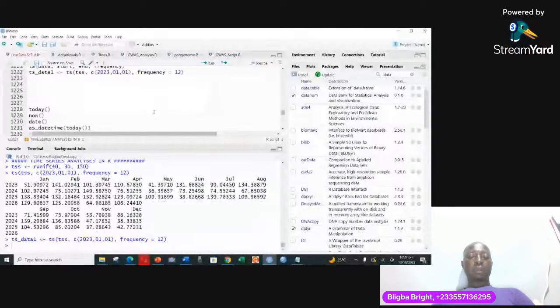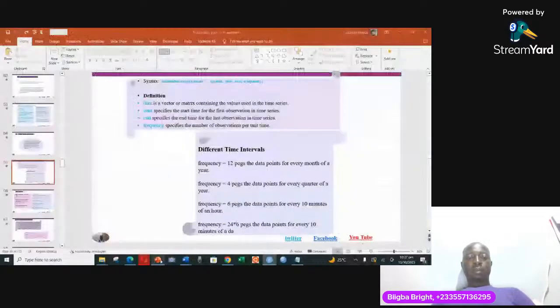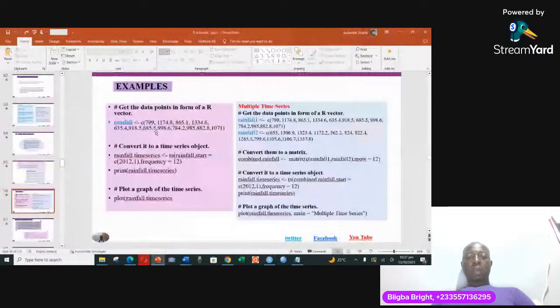So when we finish from that, come to look at it, the next thing that we could have done. So now that we have converted it into a time series data, we can now decide to have a look at it. Now, one of the easiest ways to understand time series data is to plot it.